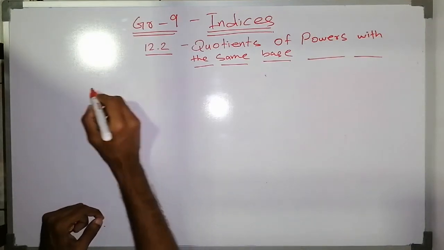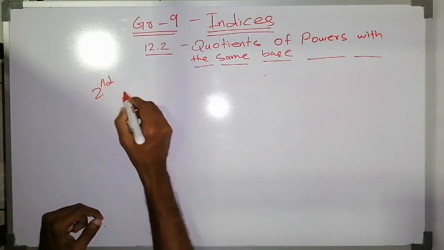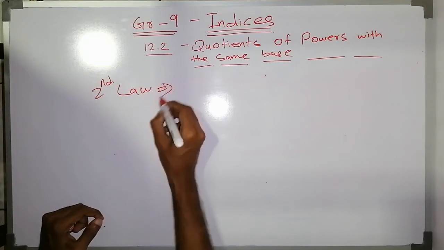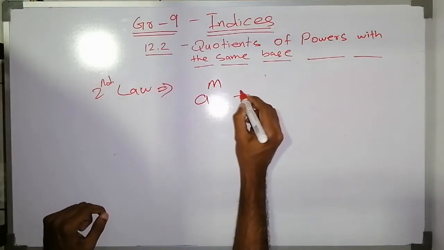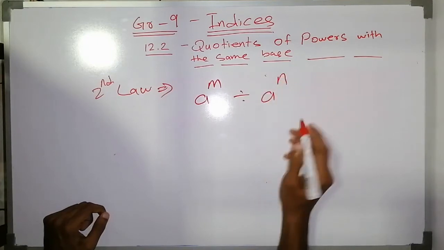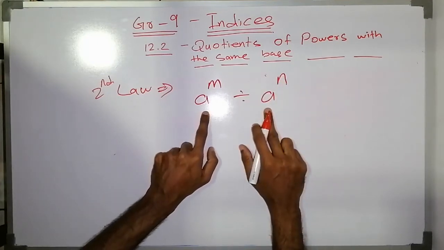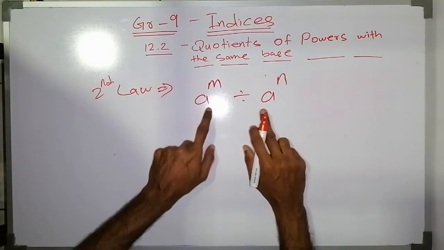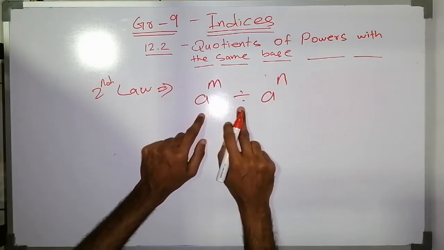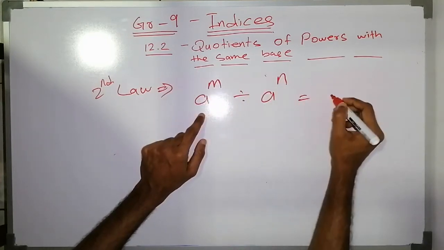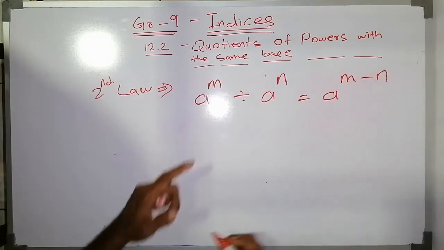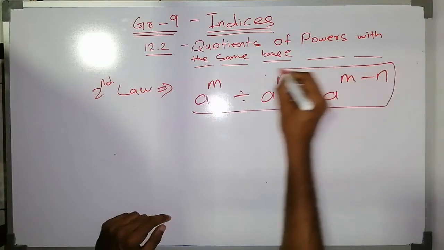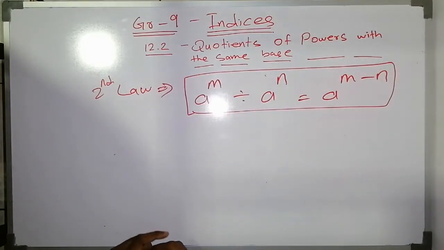So the second law is from division: a to the power m divided by a to the power n. Both have the same base. When division comes, the first step is to subtract the indices. That is your second law of indices.